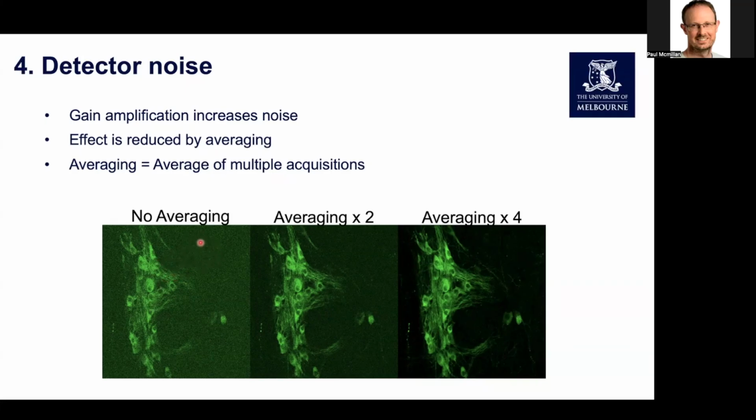That's amplified the noise in the image. One way we can get around this is to do something called averaging or accumulation. In averaging, we're going to take, in this case, 2 or 4 images and average the intensity at each of the pixels in the image across those 4 images. So it takes 4 times longer, but it can increase your signal to noise and therefore give you much better image quality.